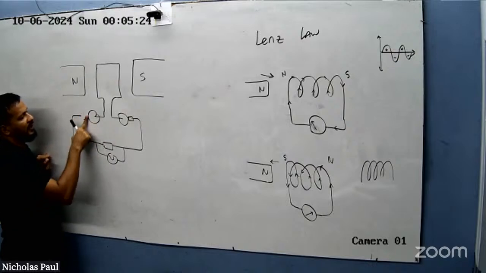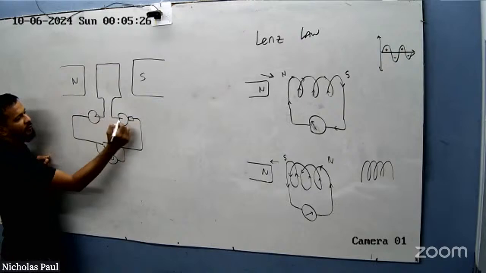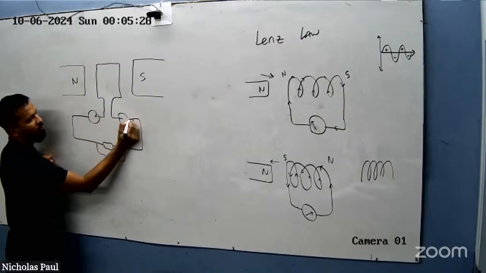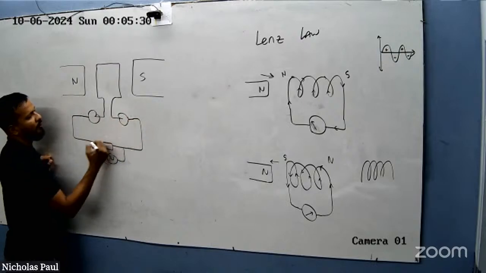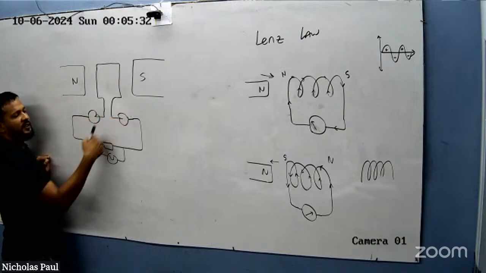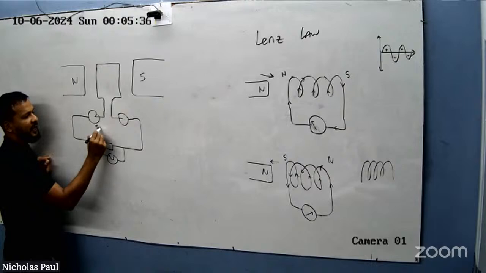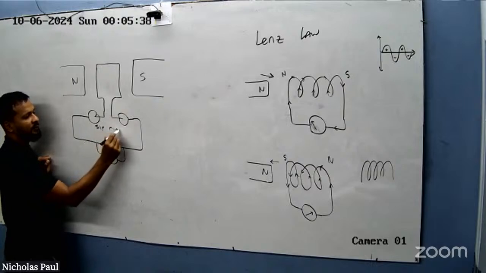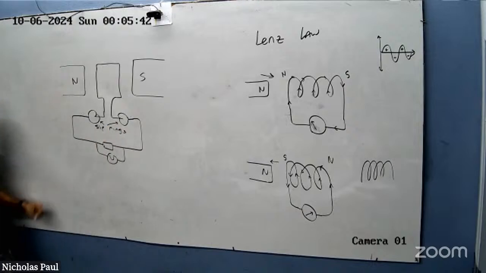Actually, you don't need the carbon brush anymore. You can draw them as full circles if you want. Please remember that these are slip rings, this and this. It's not half a ring, right?